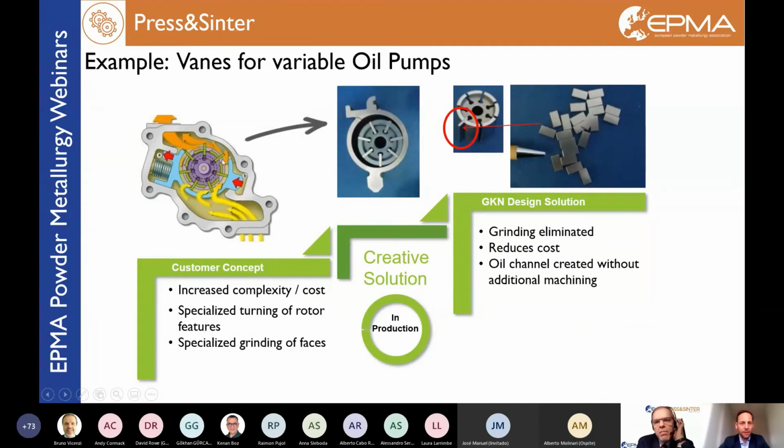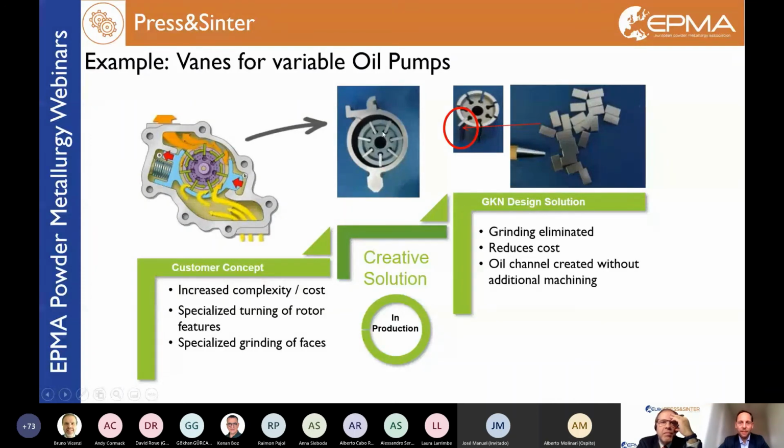This example is as well very standard now in combustion engines, the so-called variable oil pumps for the engine lubrication. This oil pump always has a similar oil flow in order to optimize the emissions, with an eccentric setting ring, a rotor, and the PM vanes.